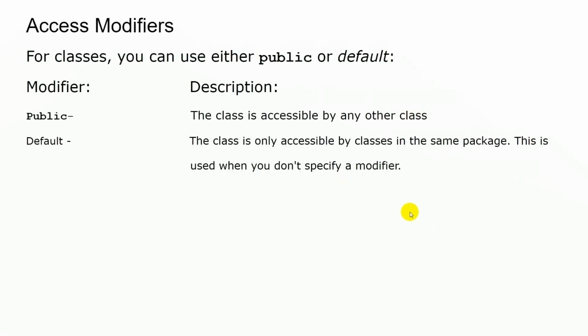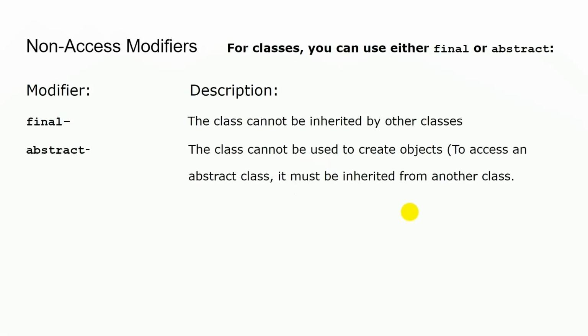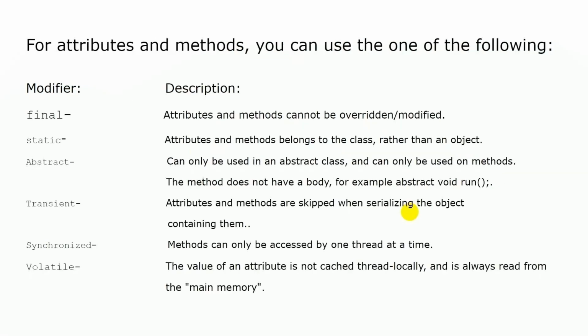Access modifiers for classes are public and default, and the access modifiers for attributes and methods are public, private, default and protected. The non-access modifiers used for classes are final and abstract. And the non-access modifiers used for attributes and methods are final, static, abstract, transient, synchronized and volatile.